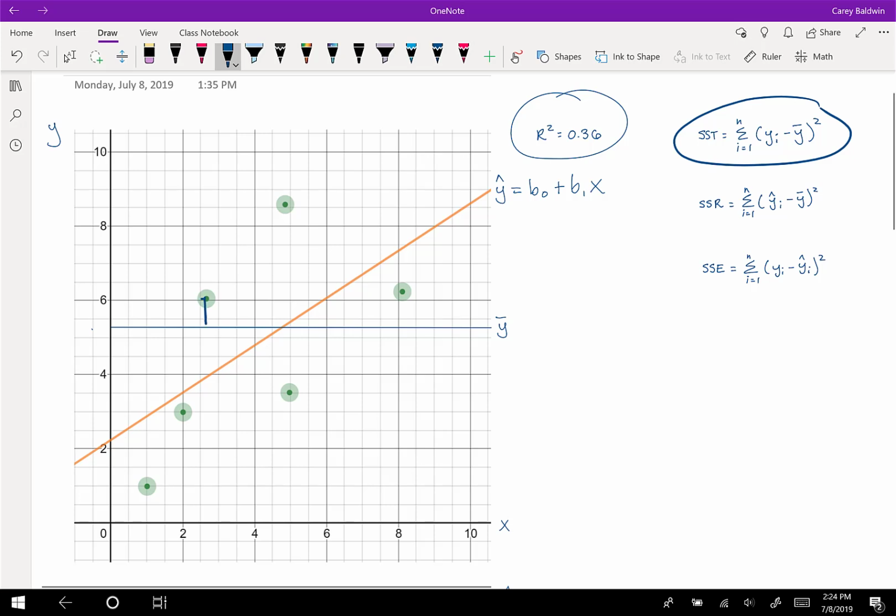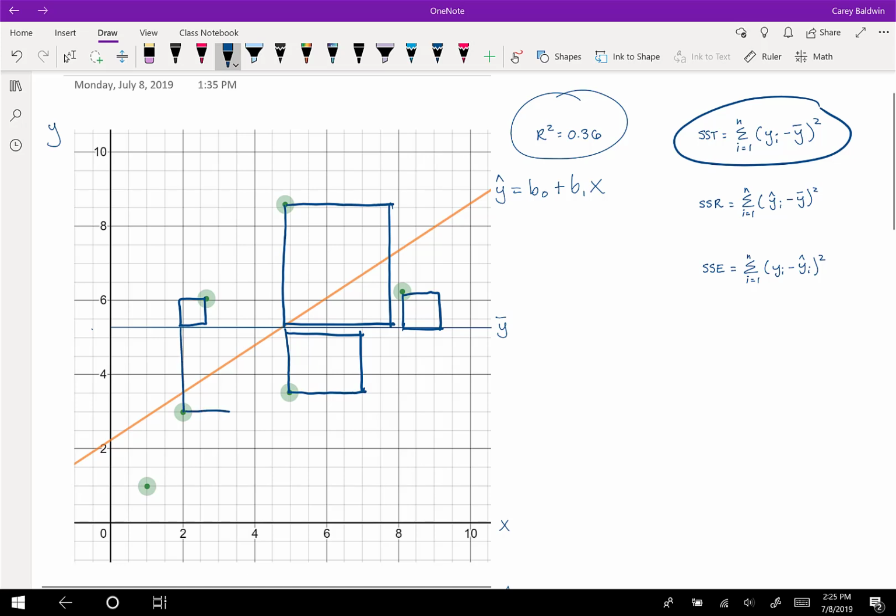We could actually make squares to show that. So if I say, here's the difference between an observed y value and the mean y value, I can make a bunch of squares to show this, and then we can get a sense of the overall magnitude of the differences between the observed y values and the mean y values.